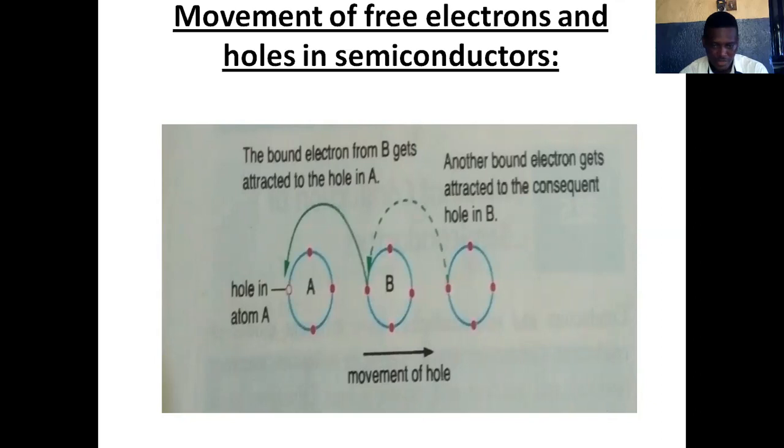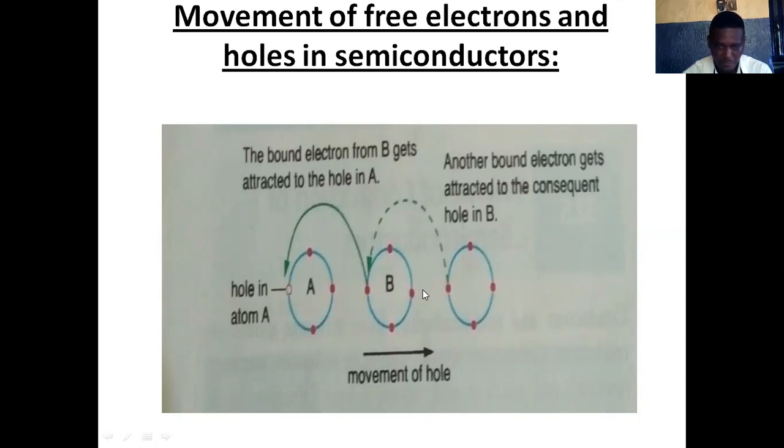Look at the next part of the diagram with dotted lines. Now look at it. It's trying to tell us that when there is now a hole created in this particular point as a result of the movement of this electron to fill up this first hole, then the next atom will also do the same, or will follow suit.